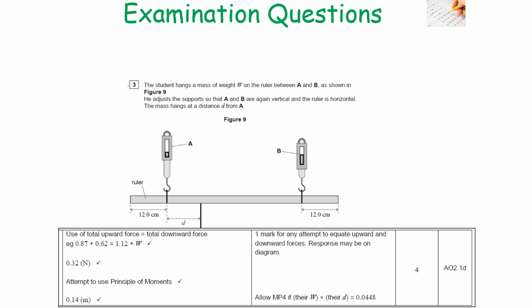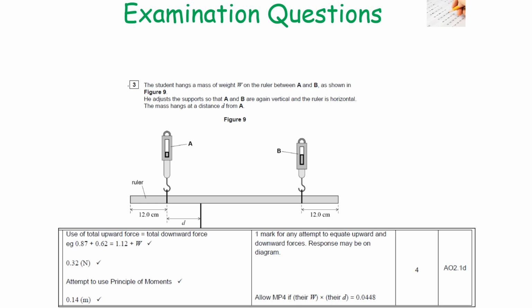We then use the principle of moments to work out our particular answer. Now, the easiest way to do this is take the moment about a point and consider where that point is. Also remember when you're doing this, that you've also got to consider the actual moment due to the weight, which is found in the dead center of the ruler with a force of 1.12 newtons.